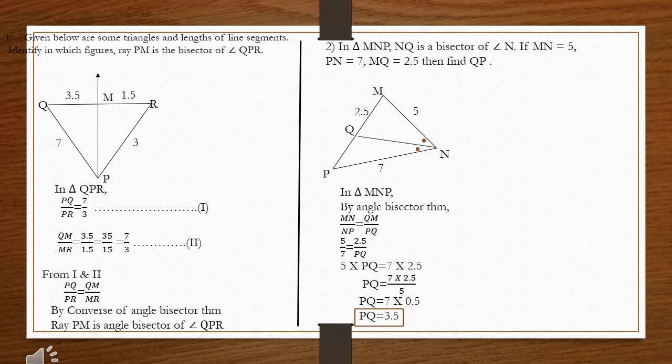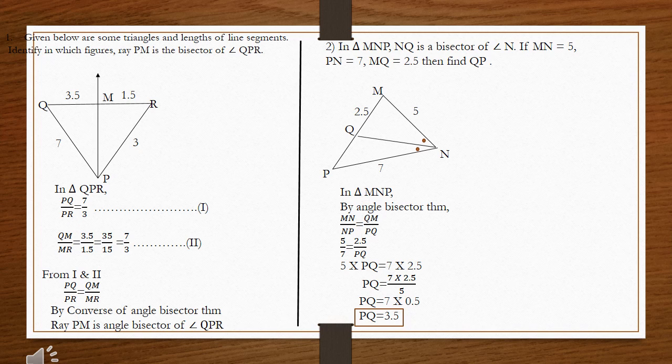Let us solve some examples which are based on the angle bisector theorem. First one: given below there is a triangle QPR and lengths of line segments are given. We have to identify whether ray PM is a bisector of angle QPR. So in triangle QPR, we write the ratio of the sides PQ upon PR equal to 7 upon 3 and name it as equation first.